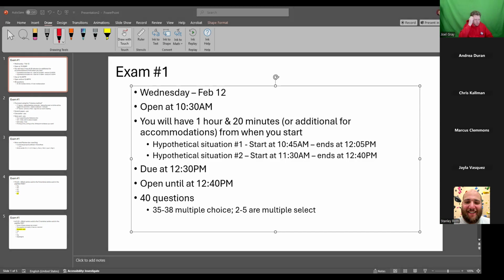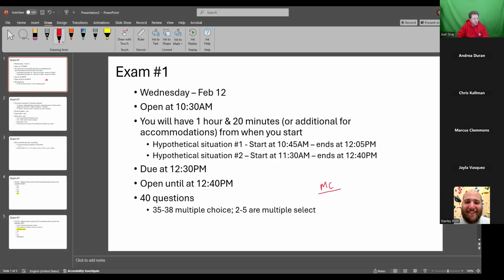Oh, there we go. For multiple choice, it will look like this. You'll have your different answer options. Multiple select, if I remember correctly, will have a box or boxes.